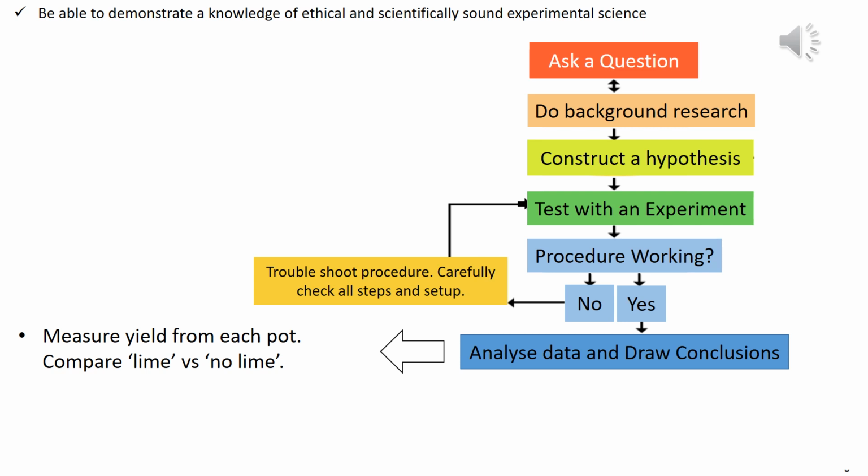Then we measured the plant yield from each pot, making note of which observations belong to the soil with lime group and the soil without lime group. In scientific terms, the soil without lime group is referred to as the control group. The soil with lime is our treatment, because that is the part that we are changing.